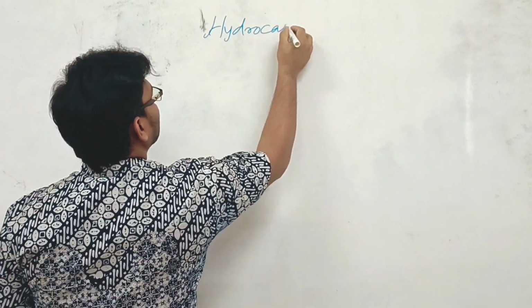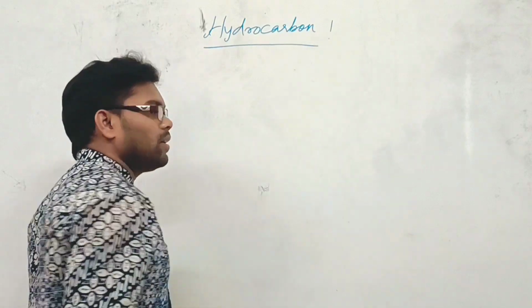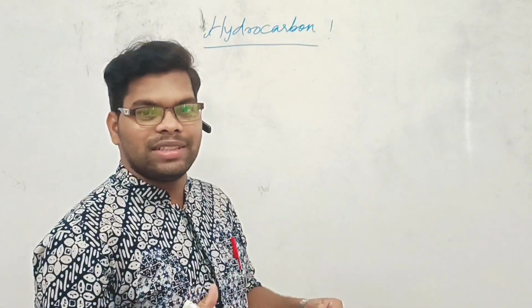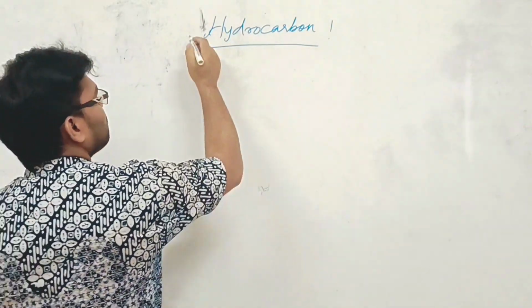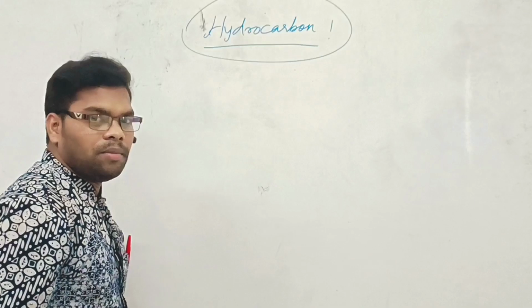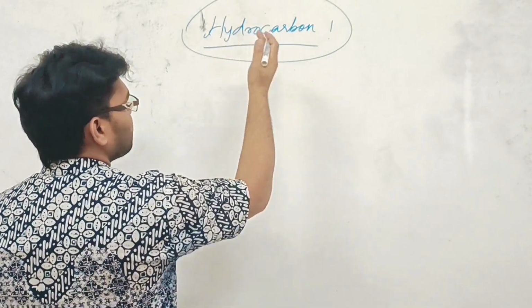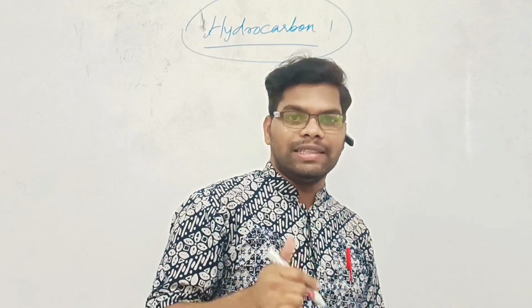Students, what is the meaning of hydrocarbon? From the word itself you can understand, right? The compound that contains hydrogen and carbon is basically known as hydrocarbon. Is it clear?